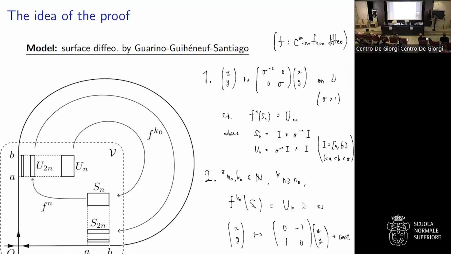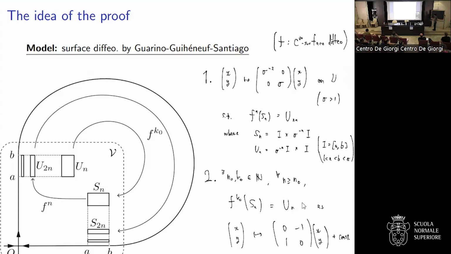Yes, and if you define the Sn as this horizontal rectangle, then this maps into this vertical rectangle of level 2n. I mean, Sn is some interval times sigma power ni, because of this linear form.